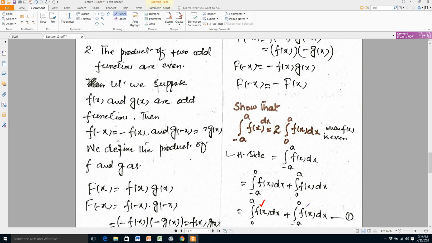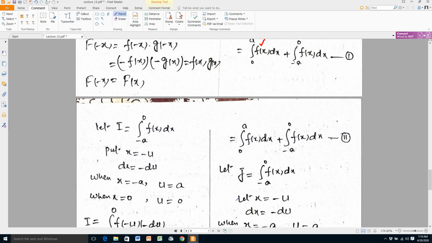I just try to reshape this integral like this. When this integral takes the shape like this, then it becomes 2 times. So I say this is equation number 1.